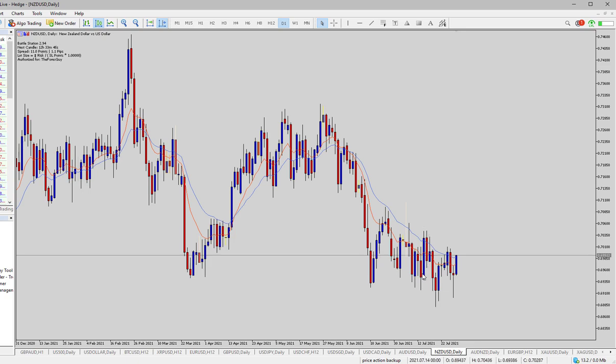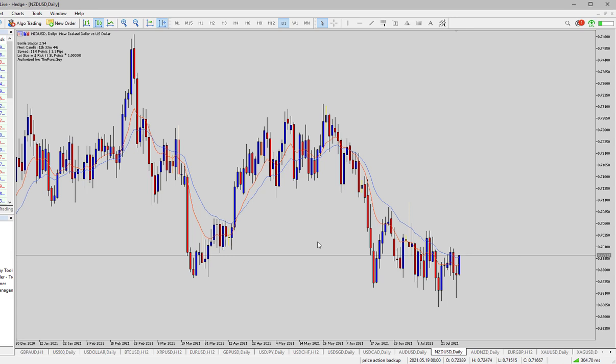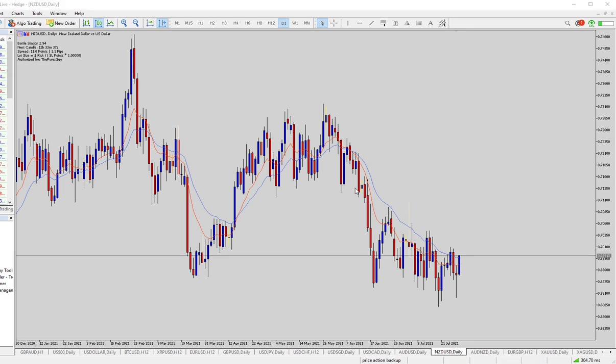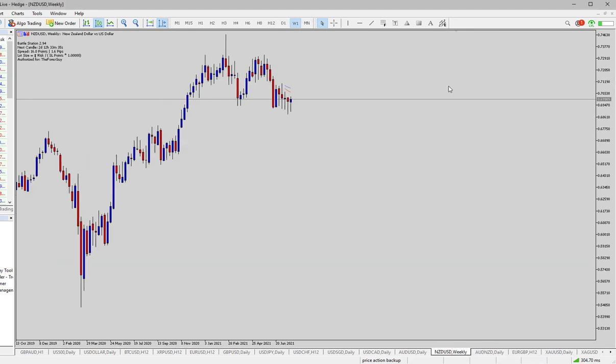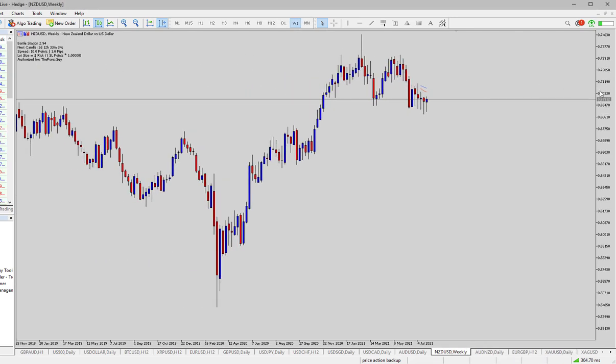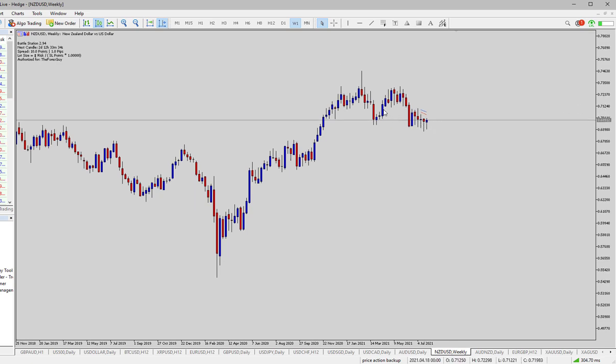Now the New Zealand dollar, this looks like a very messy market, and we can see lots of different microstructures in the overall macro structure, but what is actually going on? We'll go to the weekly. I think we've got some sort of exotic structure going on here, not really one I like to work with.